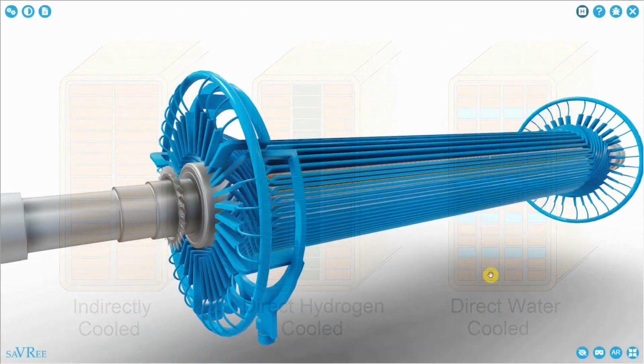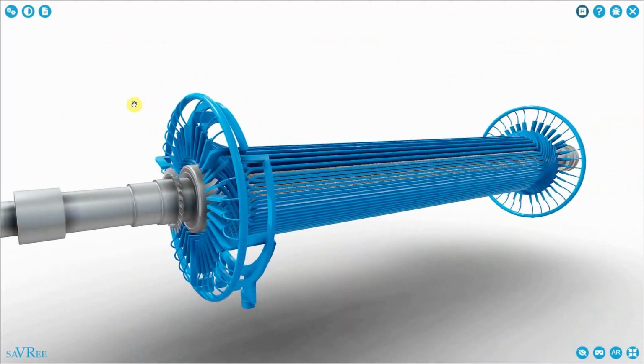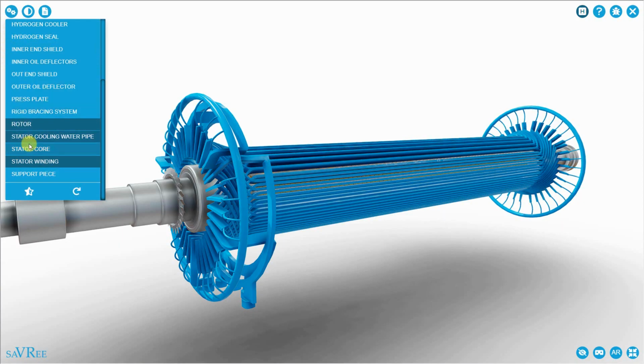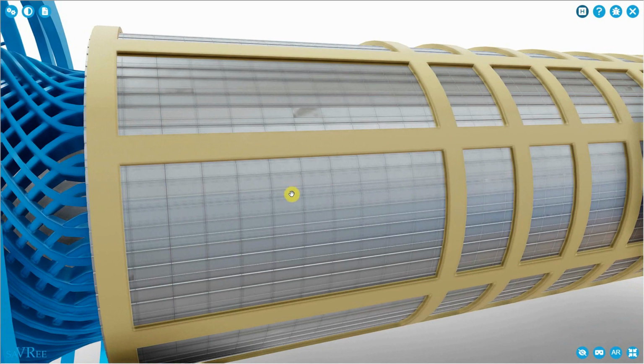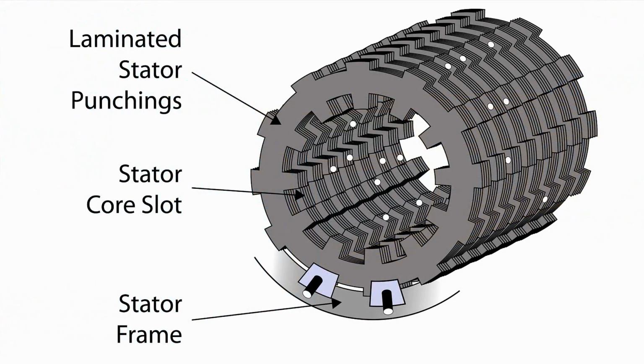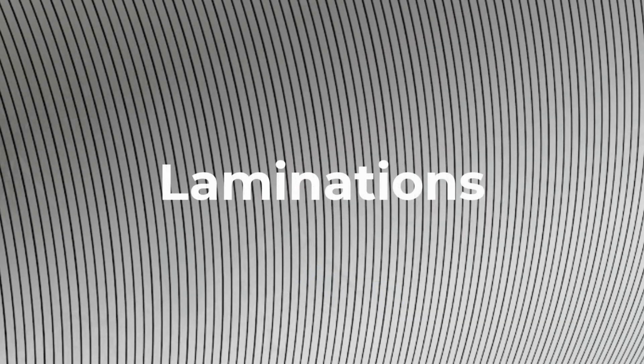While we're talking about losses, if I add the stator core, you can see that the stator core is also long and cylindrical in shape. The stator windings go into slots within our stator core, and the stator core itself consists of many thin laminate sheets of steel, cold rolled silica steel, that are pressed together to form a single core.